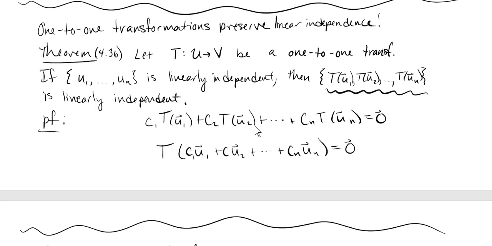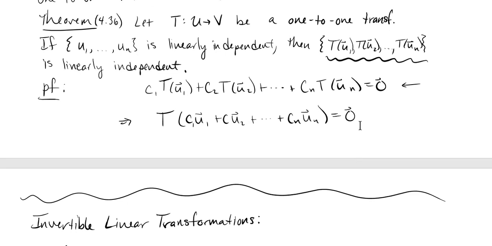Right? So if we start out with this identity up here, that implies that T evaluated at C1U1 plus C2U2 all the way up to CNUN equals 0, which implies this vector here, that linear combination there, is in the kernel of T. Right? Because it maps to the 0 vector.